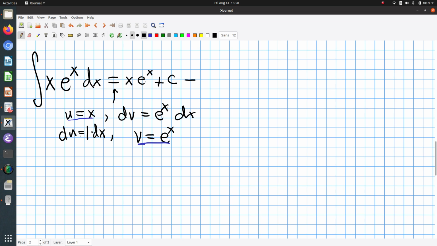And then minus the integral of the second two guys, well, that's a 1 times e to the x. And you'll notice I've got my dx to integrate this neatly. And of course, I have no problems integrating e to the x. I've already done that once in this very problem. And there is your answer.